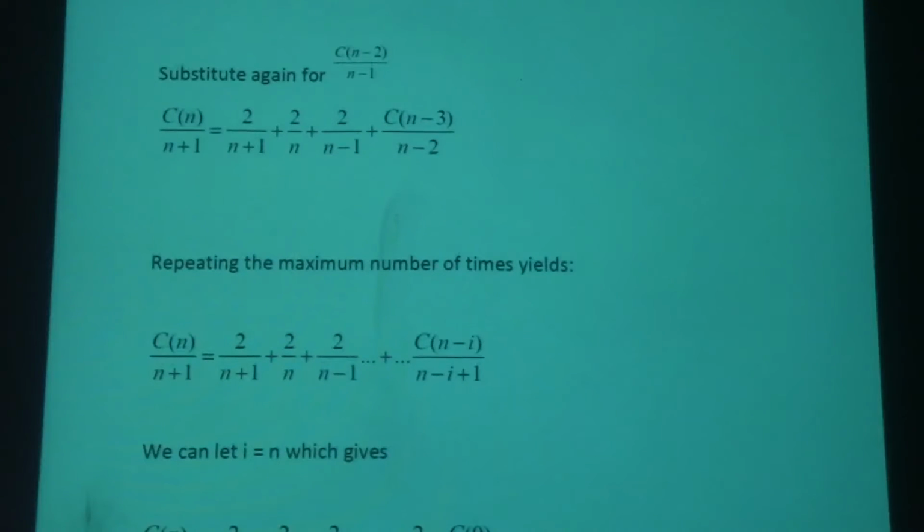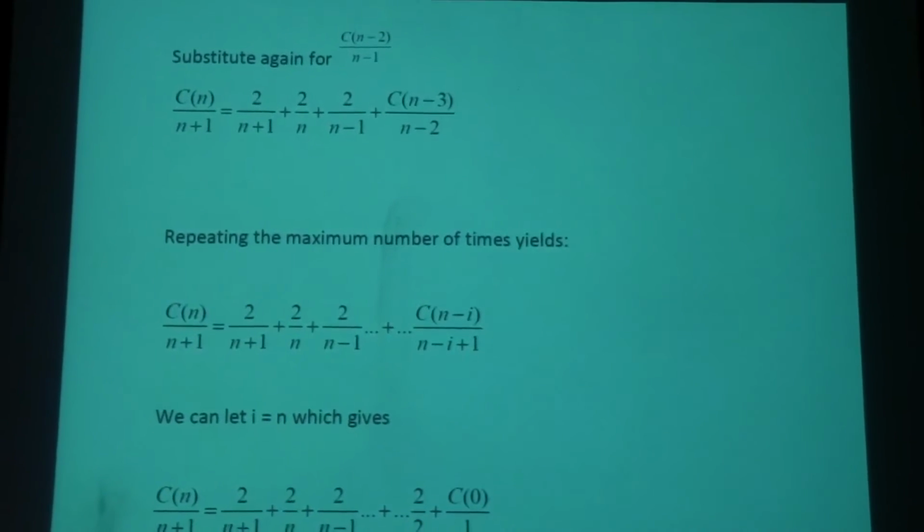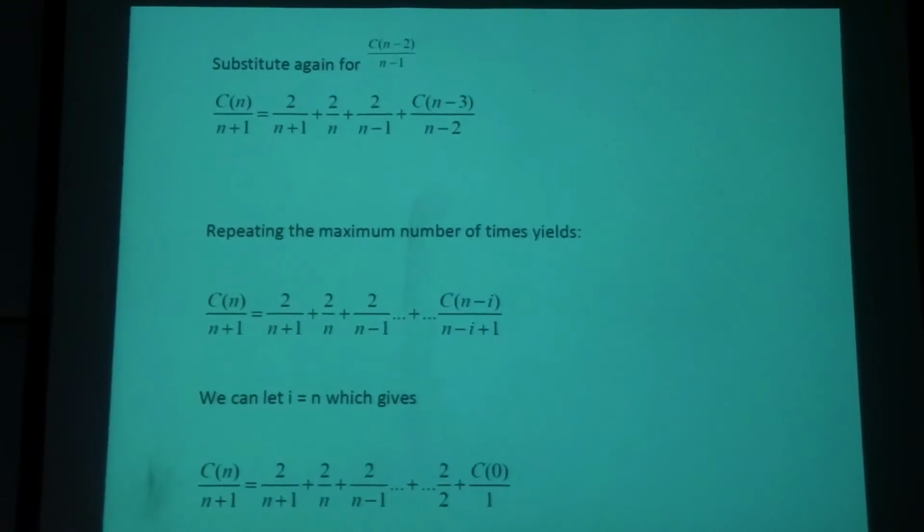Once you see a pattern emerging, you try to see what the pattern is if I were to do this i number of times, or some variable number of times. If we repeat this a number of times, we can see that we are always continuing to get a 2 on top. And at the end, when we did it 3 times, we have c of n minus 3 over n minus 2.